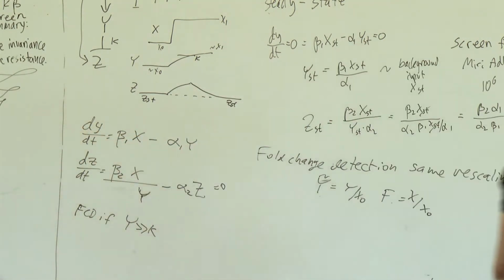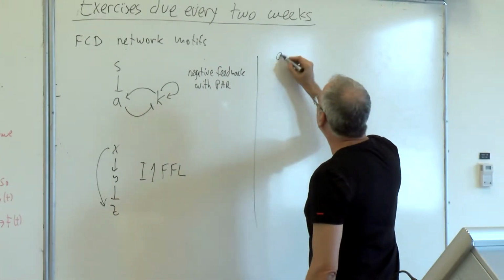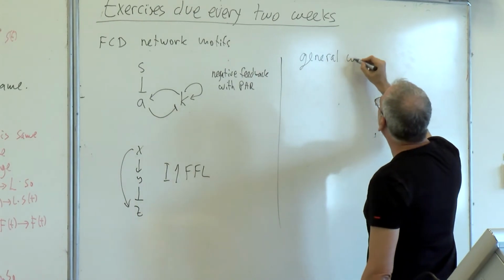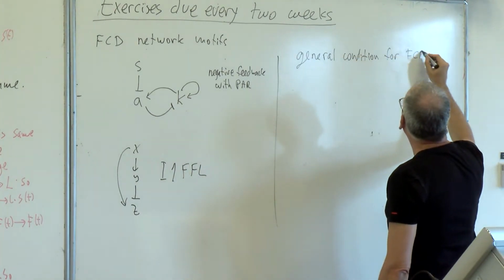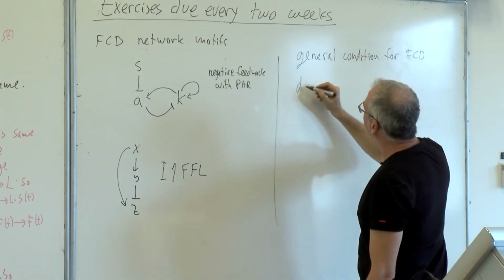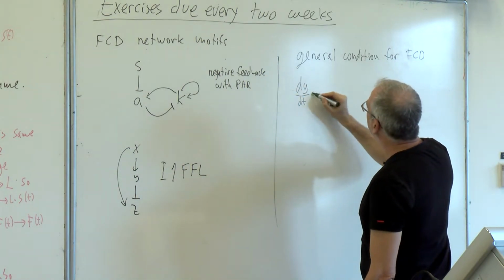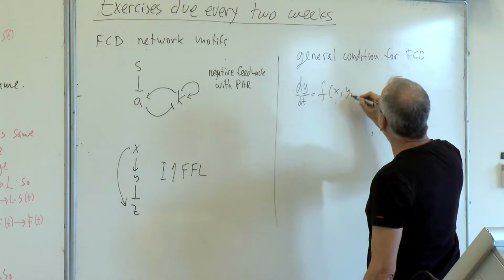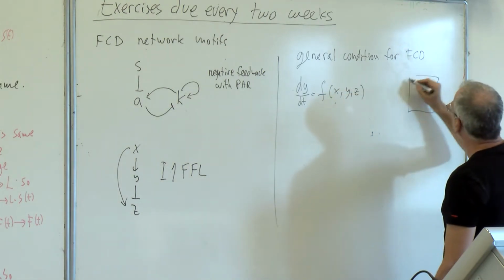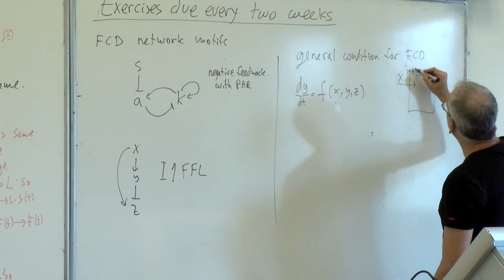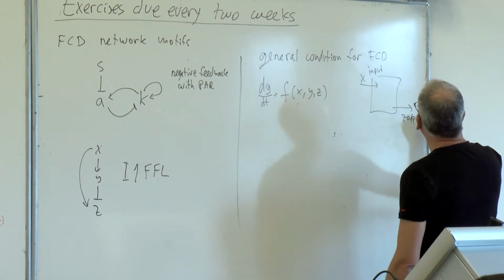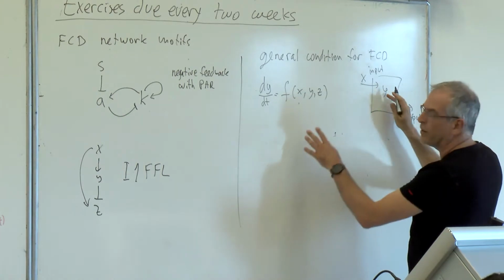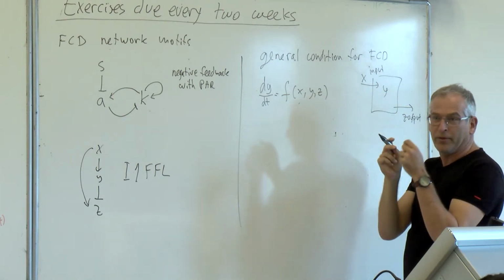We just write it down mathematically. The general condition for fold change detection is: if I have a dynamical system, dy/dt is some function F of x, y, and z. So we have any kind of function. I have here x is the input and z is the output. And you have some internal variables y that can remember things.